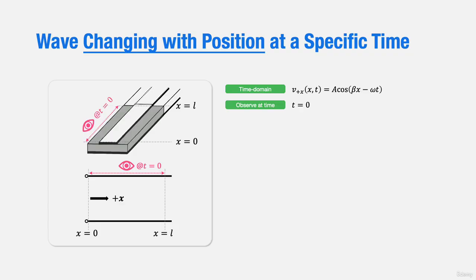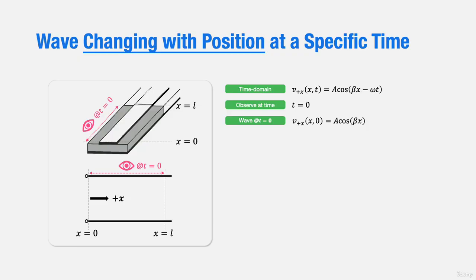Let's now shift our focus and observe how the voltage wave varies with the position on the line at a fixed moment in time. If we examine the wave at the moment t equals 0, where omega t is always equal to 0, the voltage wave has a value of A times cosine beta x.